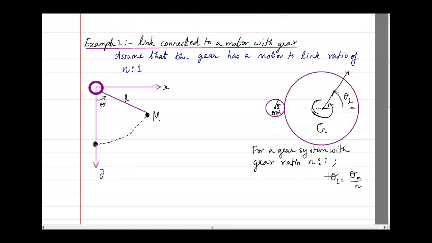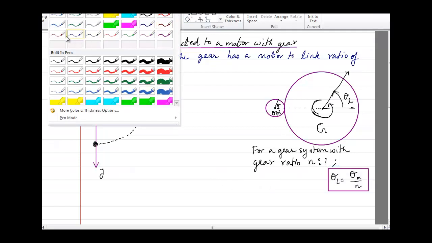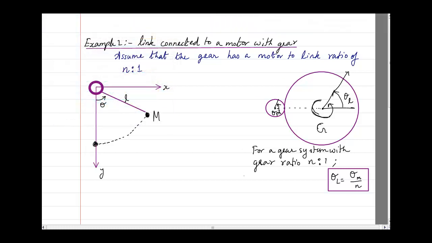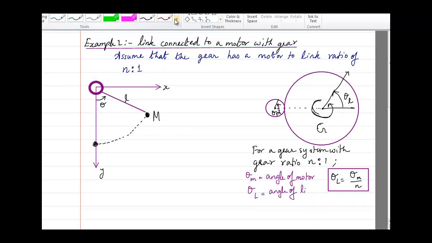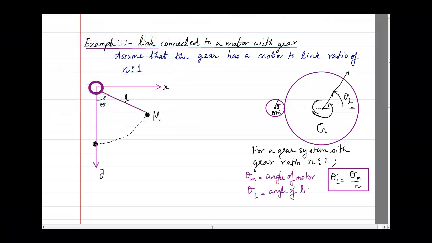Let me put that in a small box, where theta m is the angle of the motor, and theta L is the angle of the link. Not linkages, it is link, L-I-N-K.